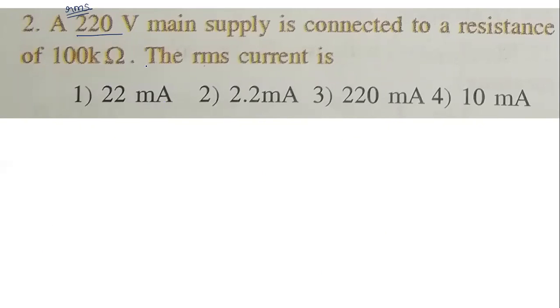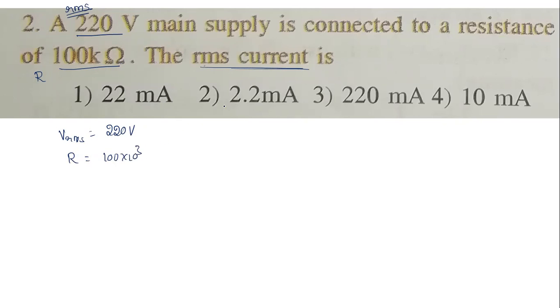A 220 volt main supply is connected to a resistor of resistance 100 kilo ohm. Then we need to find the RMS current. So the voltage given, V RMS, is 220 volt, and the resistance given is 100k, that is 100 into 10 power 3.